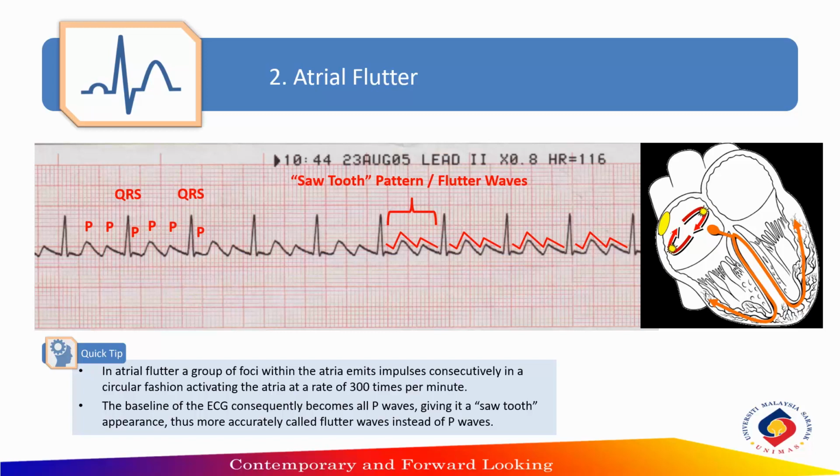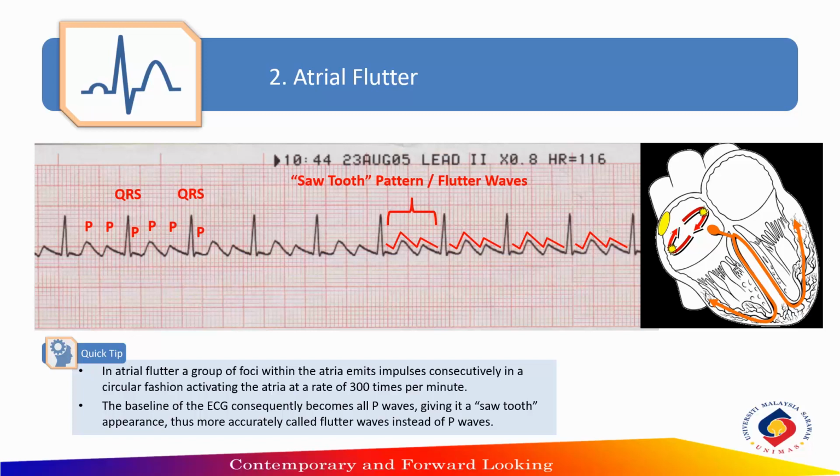If the AV node sets a 2-in-1 block, then the atriums will contract twice, followed by one ventricular contraction. If the AV node sets a 3-in-1 block, then the atriums will contract 3 times, followed by one ventricular contraction. If the AV node sets a 4-in-1 block, then the atriums will contract 4 times, followed by one ventricular contraction.